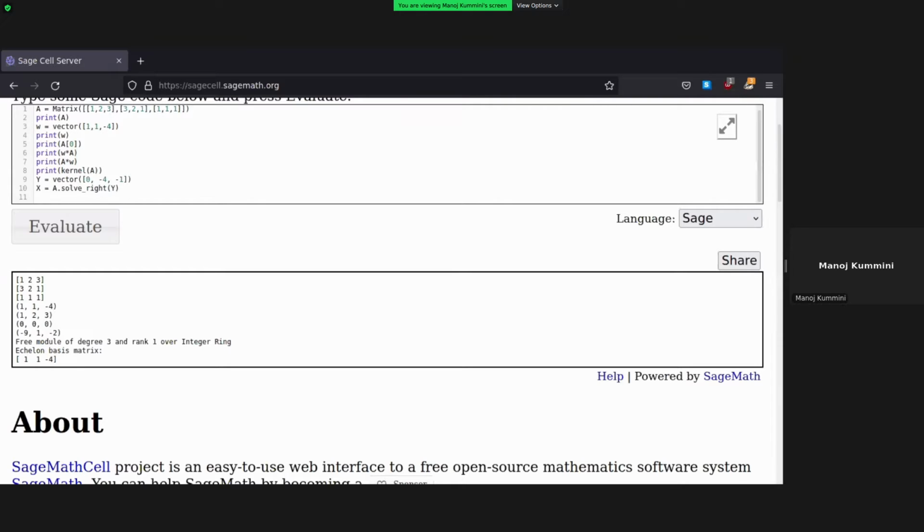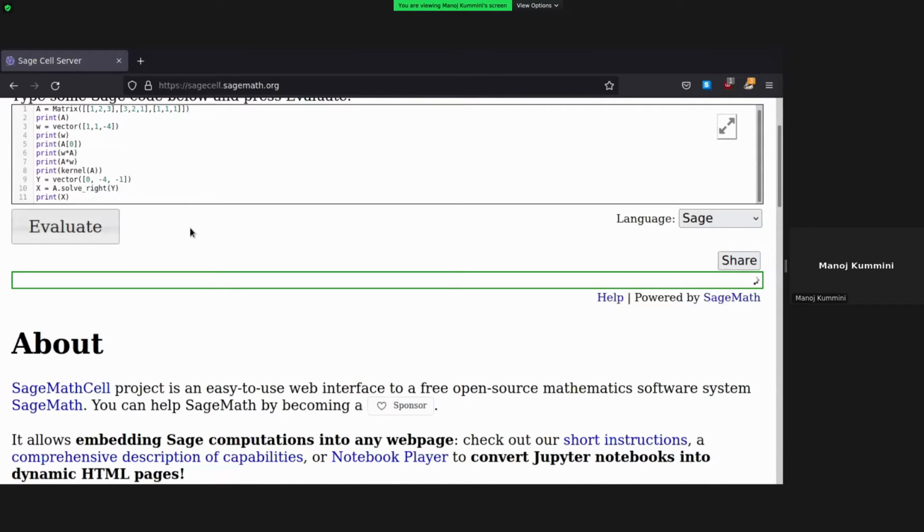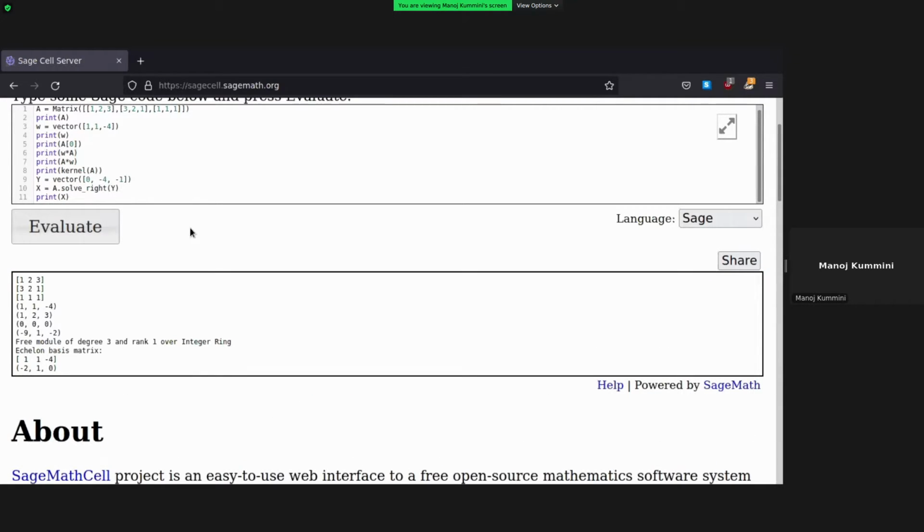Solve that. Okay, so this is the answer for x. Similarly, there is solve_left, etc. And if you want, you can just check A times x.